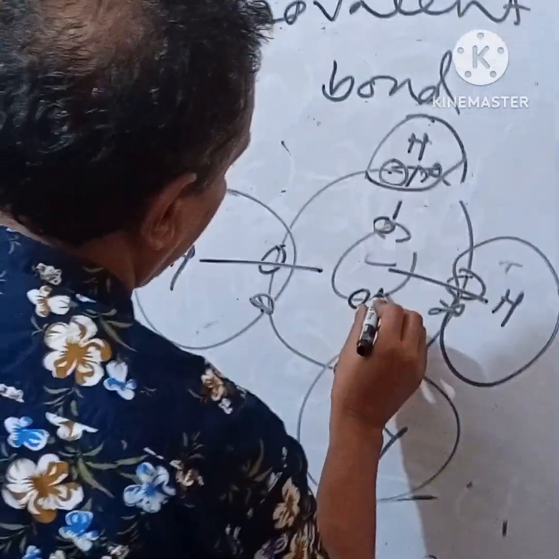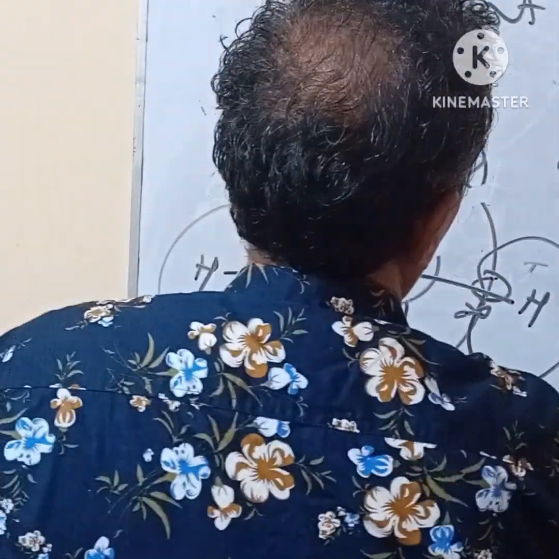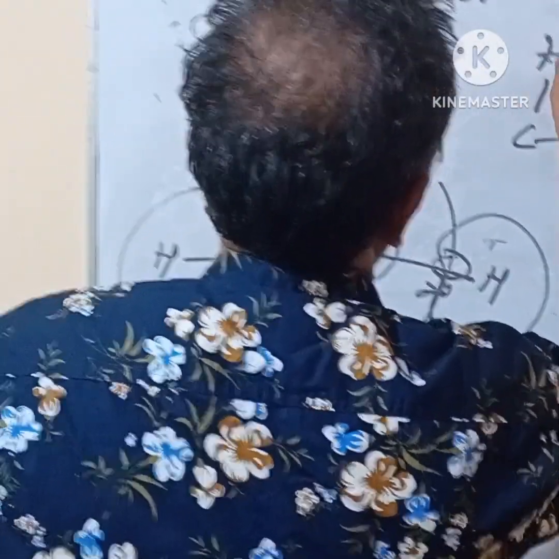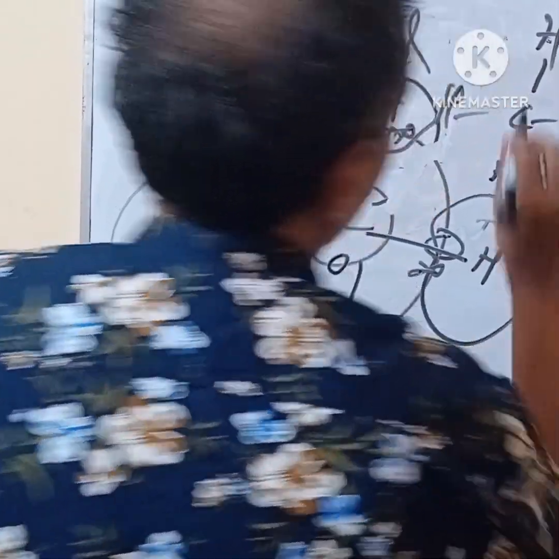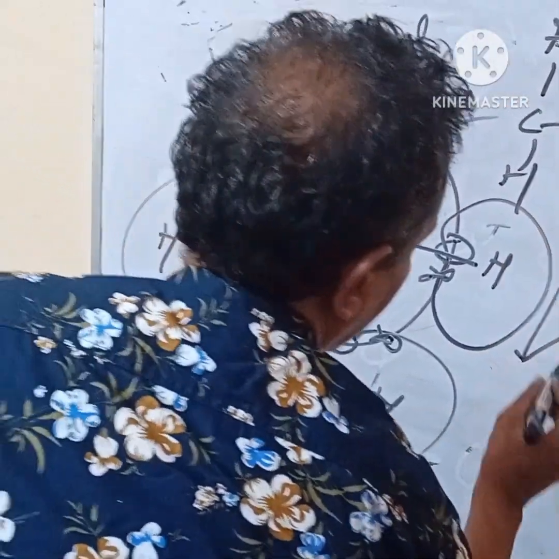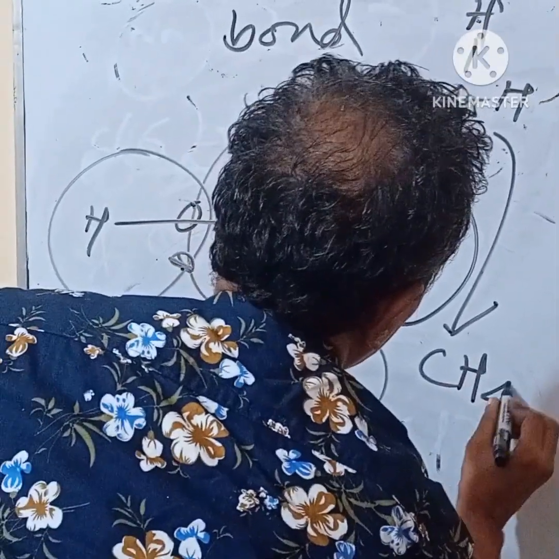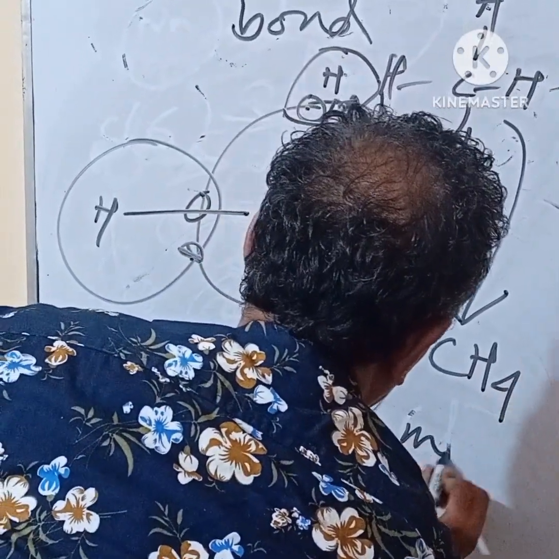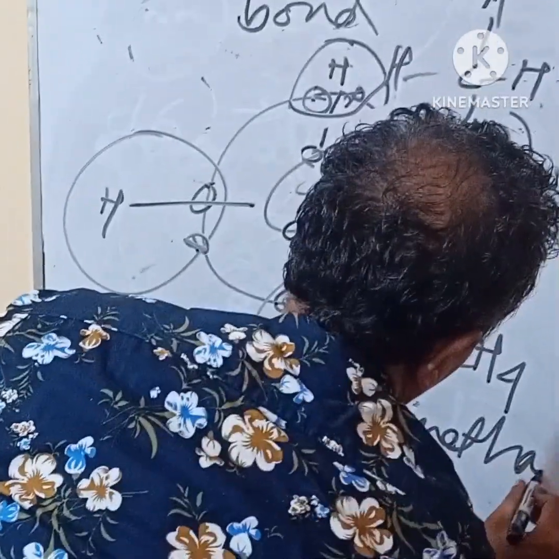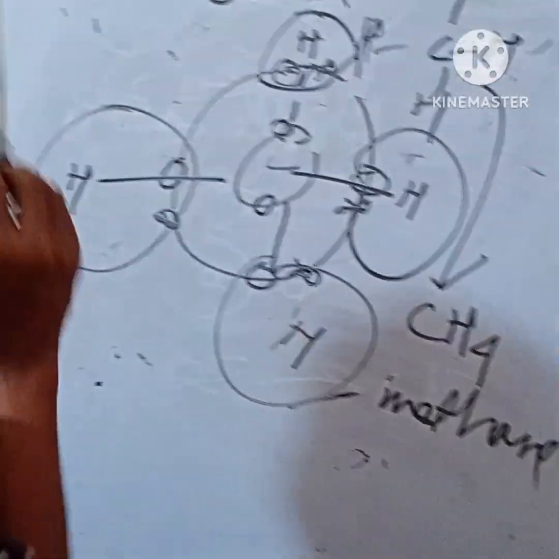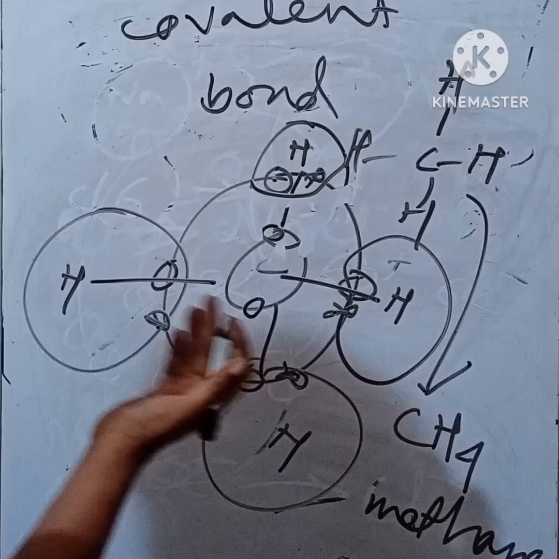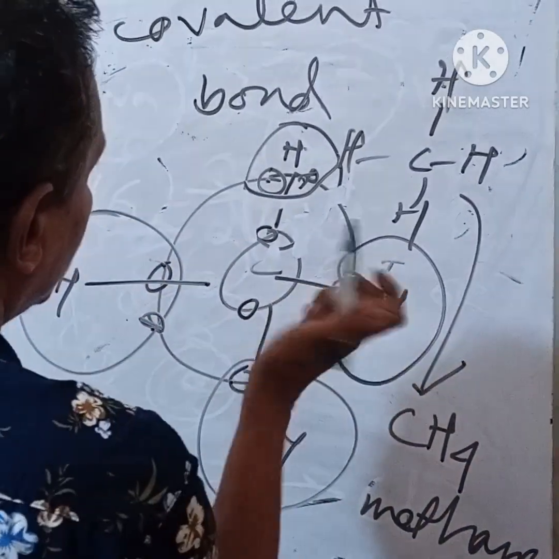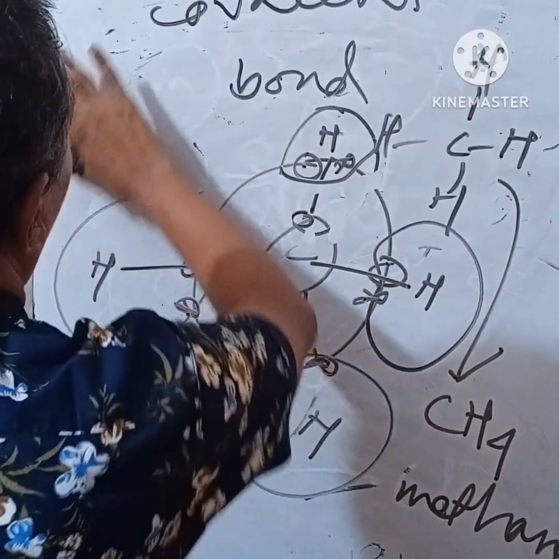Carbon and hydrogen make a bond. This makes CH4, methane. It is a covalent bond. It is a system of sharing between hydrogen and carbon.